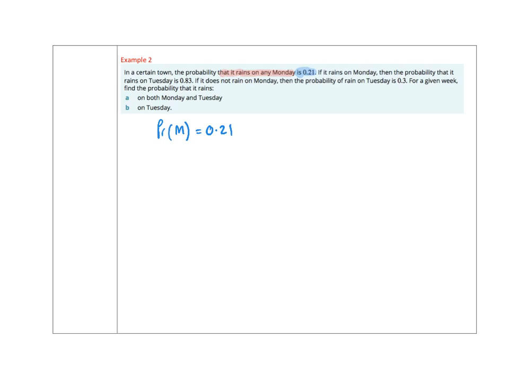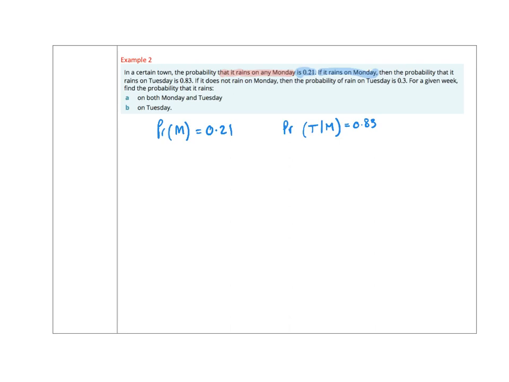Now it says here that if it rains on Monday, then the probability that it rains on Tuesday is 0.83. So here, the bit of context is that it's already rained on Monday. So we know that to be the probability that it will rain on Tuesday given Monday is 0.83.